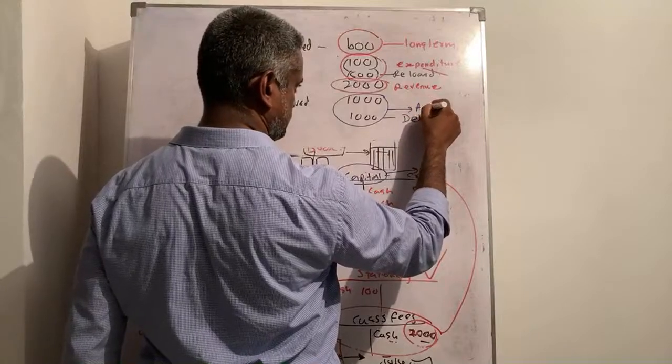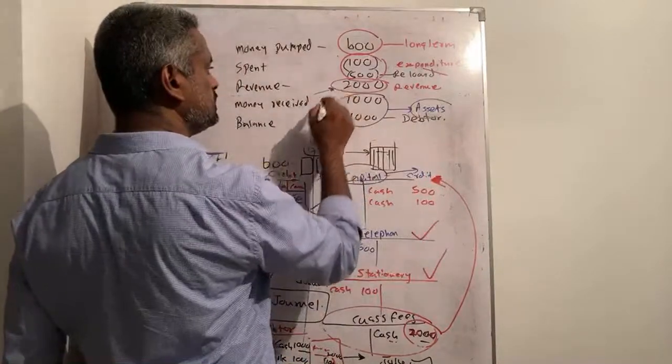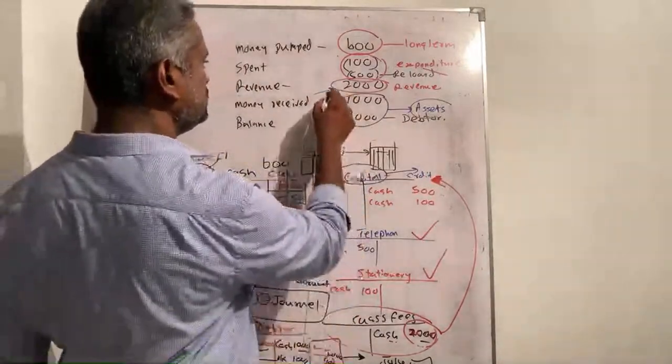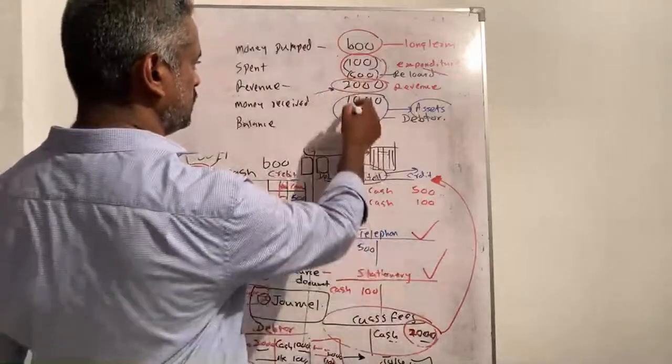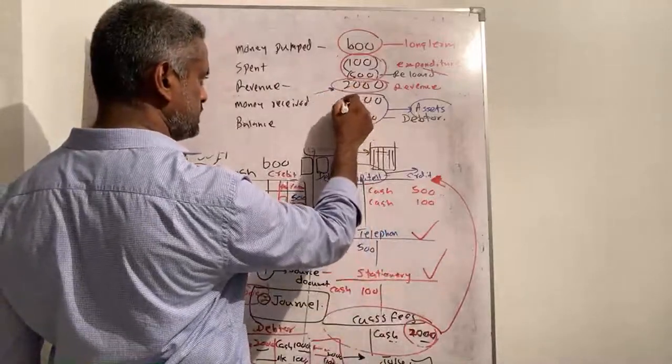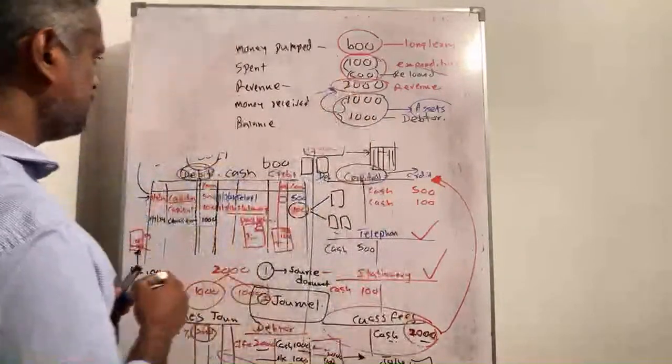Assets. Because we considered the entire 2000 here, no? Again, we don't need to consider the money received and all. 1000 and 1000, 2000. That is the total revenue we considered here, right?